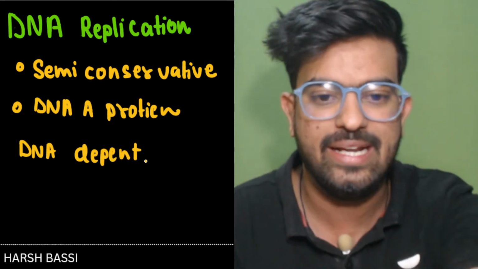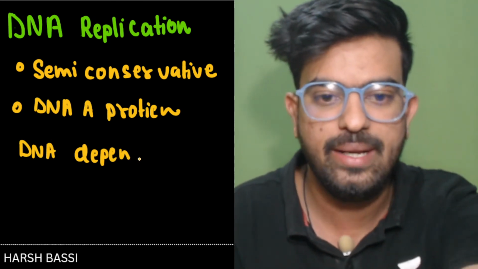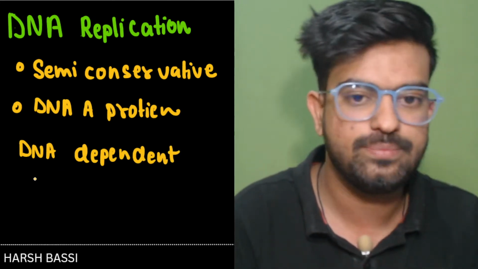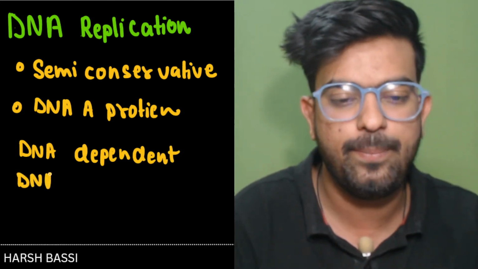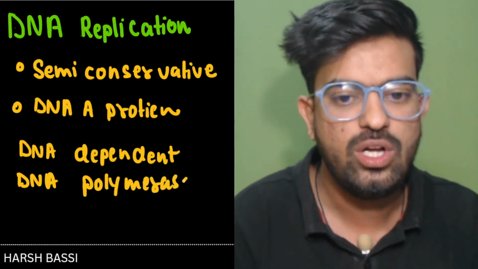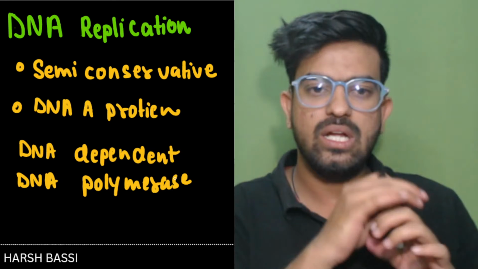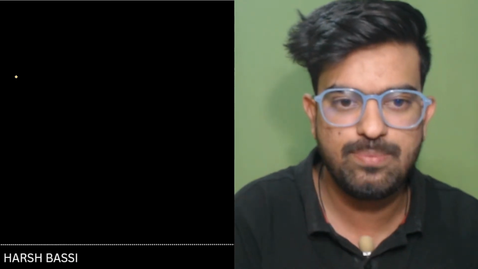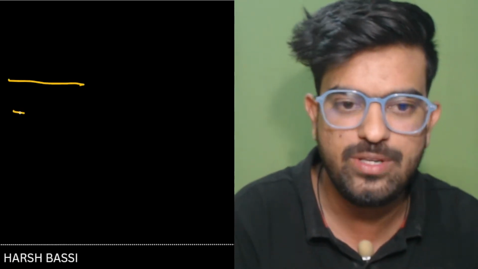This enzyme was there. Then we saw that there were two types of strand formation. Let us suppose this was the DNA which has to be replicated. There were two strands.